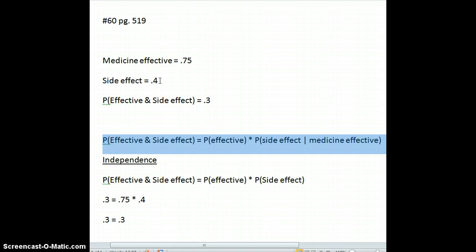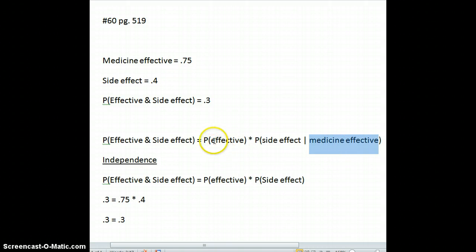One event occurring usually alters the chances that the other event will occur. And so normally, if they're not independent, to find the probability of two events, you have to multiply the probability of one event, and then multiply by the probability of the second event now that it's been altered or changed because that first event happened.